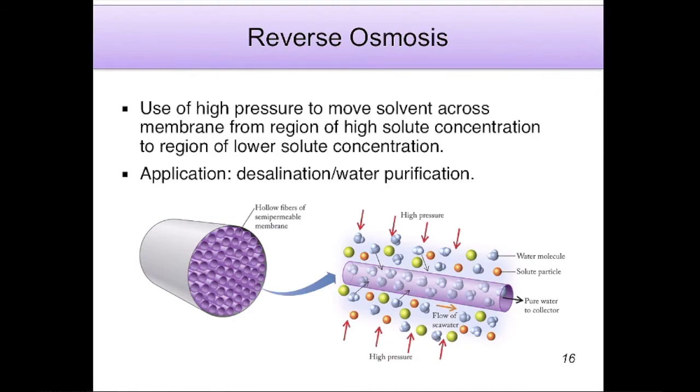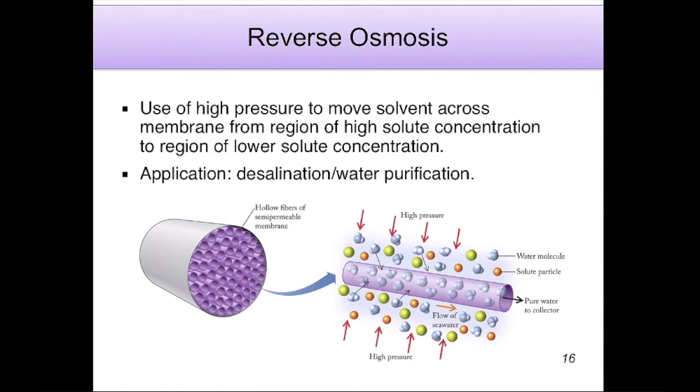But since the process of osmosis is a spontaneous process, which means that you don't have to do anything except put those solutions on either side of a membrane, in order to make reverse osmosis happen, you have to add pressure to the side of the container that is increasing in volume. So you basically have to push the solvent through that semi-permeable membrane using some energy.